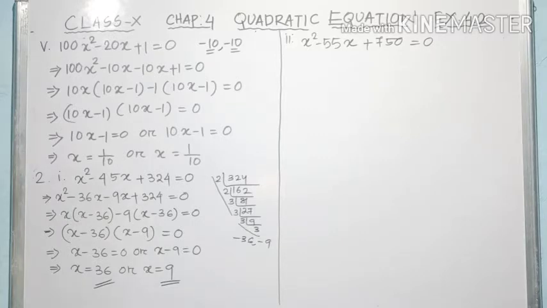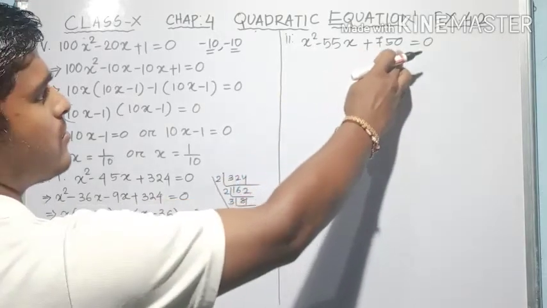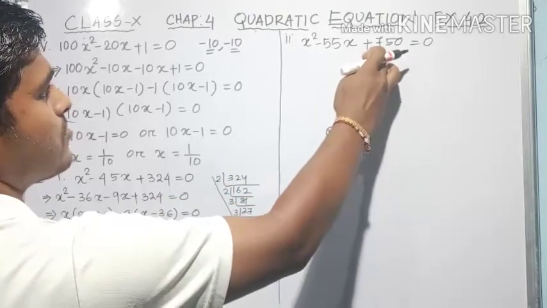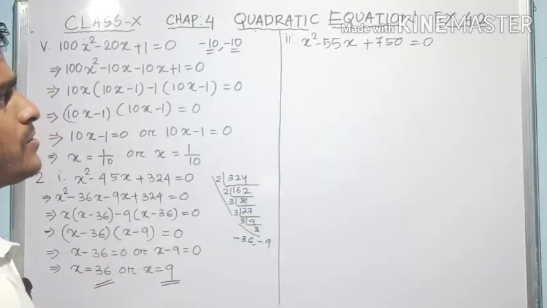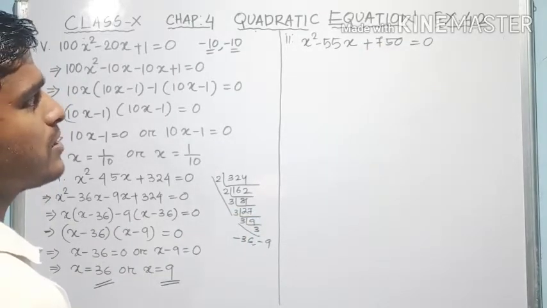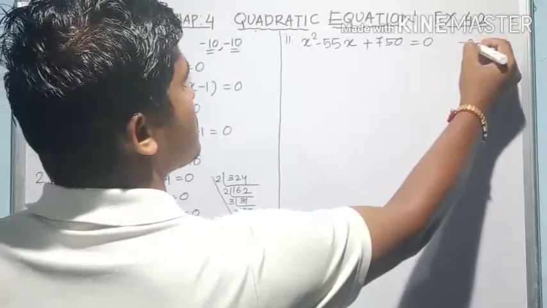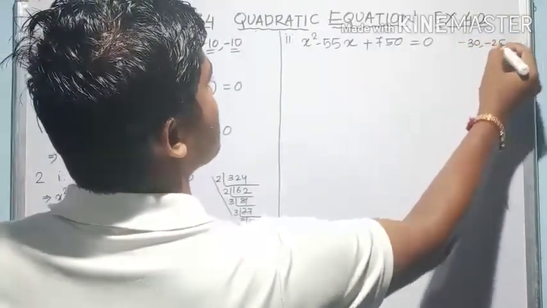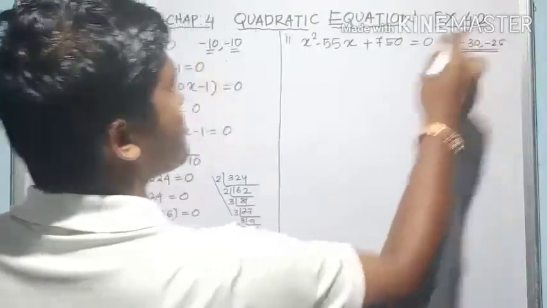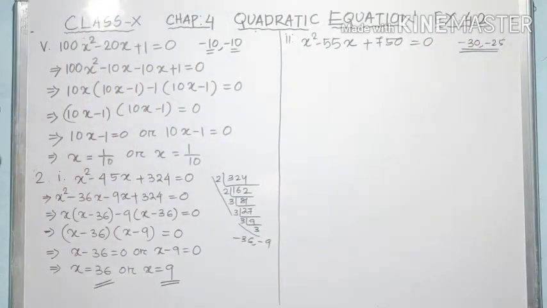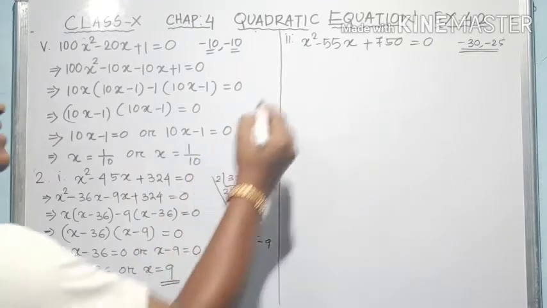On factorizing this term 750, the two possible integers are minus 30 and minus 25. If you add these, their sum will be minus 55, and if you multiply, their product will be 750.